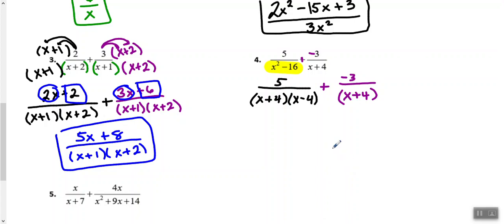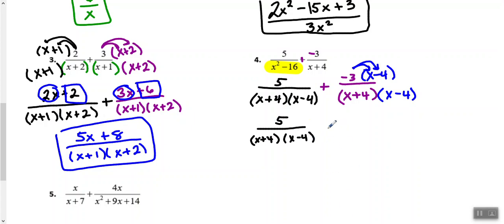Again, I need a common denominator. They both have x plus 4. So the second fraction needs x minus 4 for it to be the same. And again, whatever I change on the bottom, I have to change on the top. So now I'm going to distribute. And I didn't do anything to the first fraction, so I still have 5 over x plus 4 and x minus 4. We have plus now.